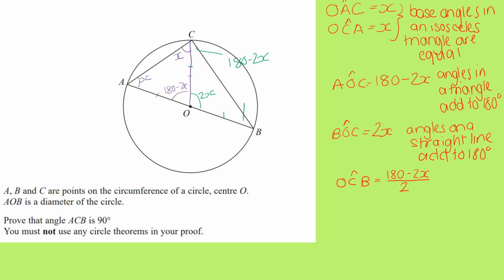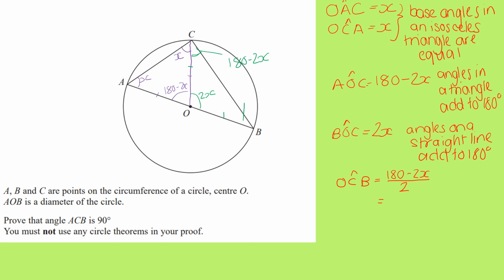That then gives me this top angle up here. So now I've got this angle here. Let's just simplify what I've written there. So we can divide, this is take away. Unless I can divide both of them by 2, I won't be able to do it. Now 180 can be divided by 2 and 2x can be divided by 2. Both parts of the top of the fraction have to be able to be divided by 2.